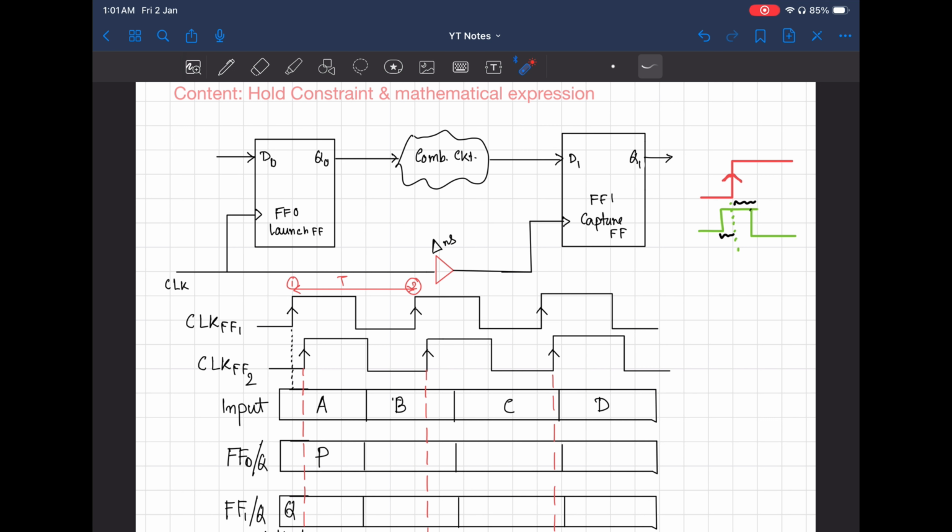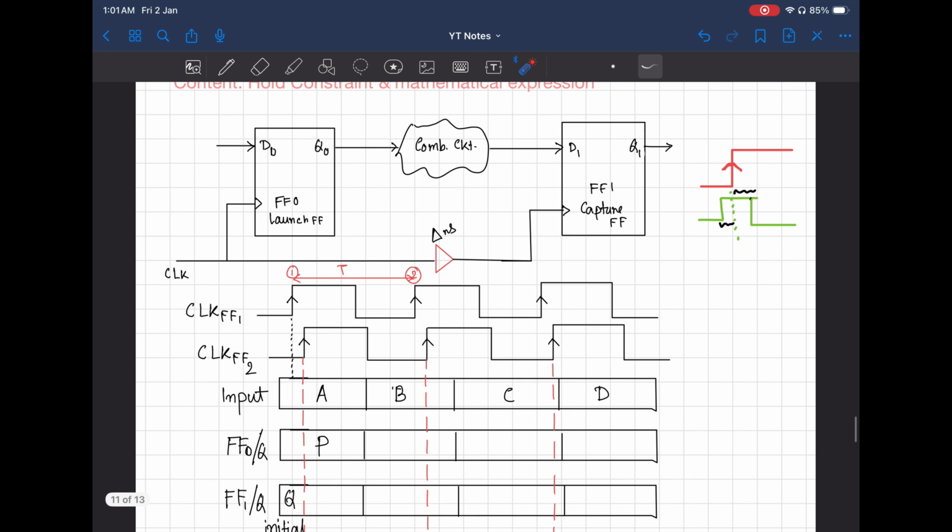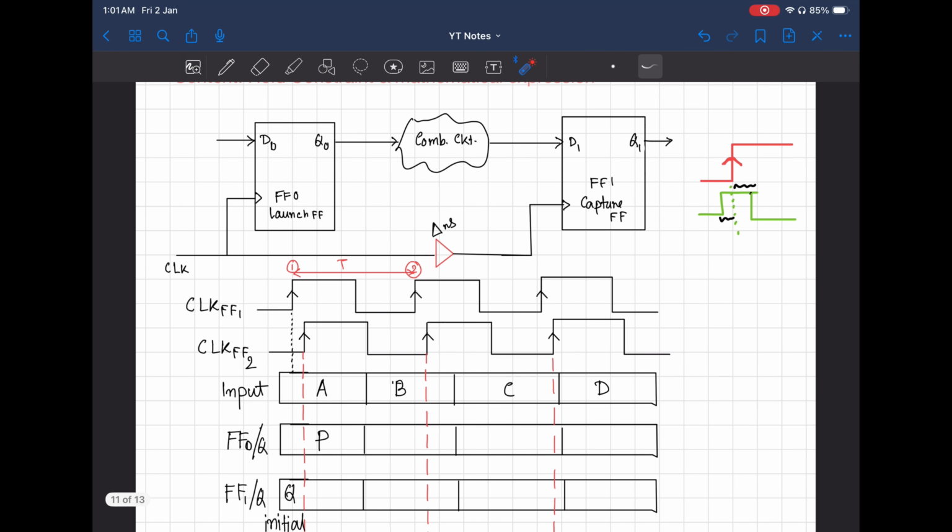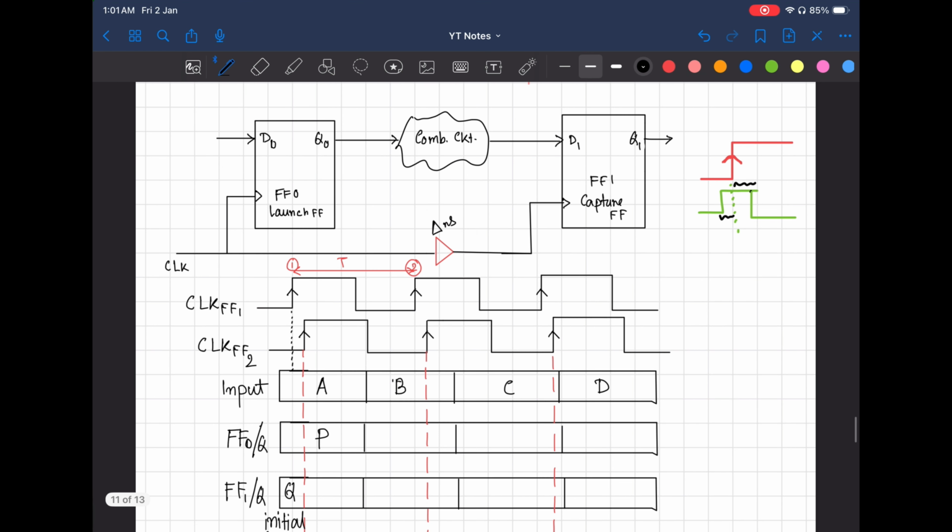So to understand how the hold violation actually works, let's understand why I am talking about this delta. Suppose this is your C2 clock path and this is your C1 clock path, and because there is a buffer insertion in the C2 clock path, obviously whatever clock signal is coming from the source generator will reach this clock sink point after a delta nanosecond delay.